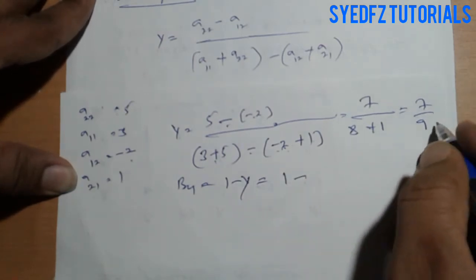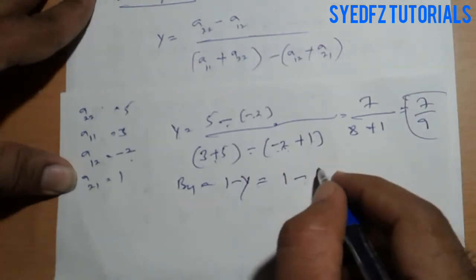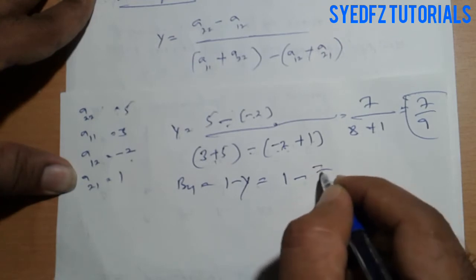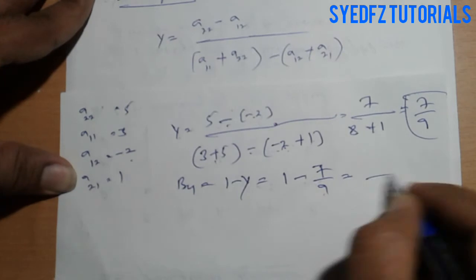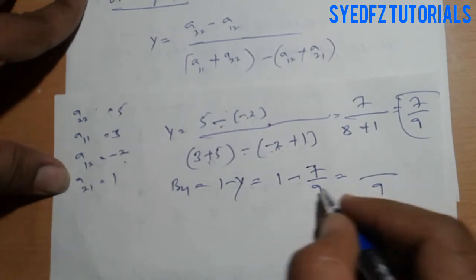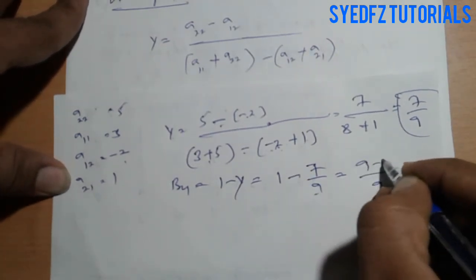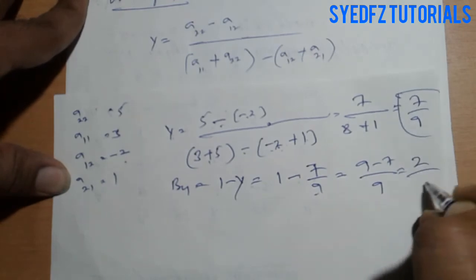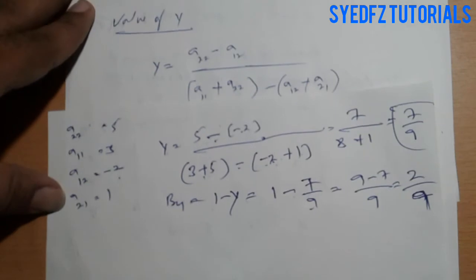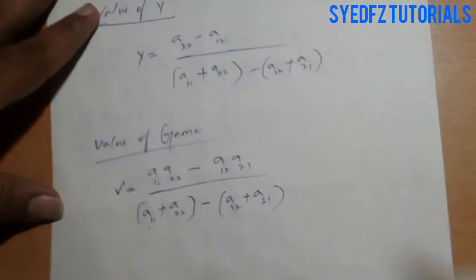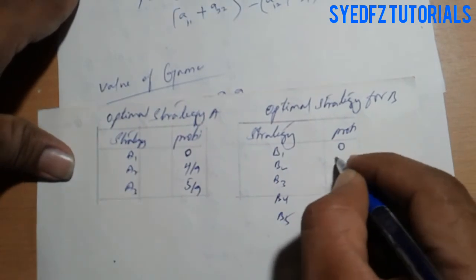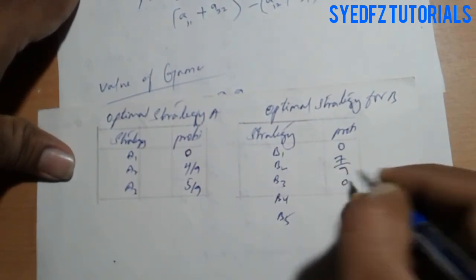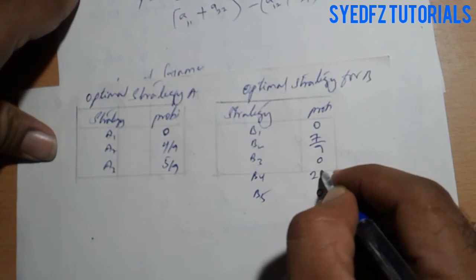What have we got? Probability 7 divided by 9. Take LCM. 9 ones are 9 minus 7, 2 divided by 9. Okay, so in the column, B2 is 7 divided by 9 and B4 is 2 divided by 9.